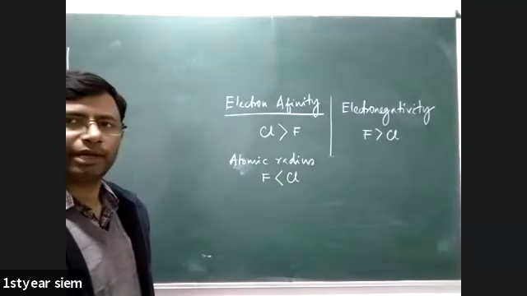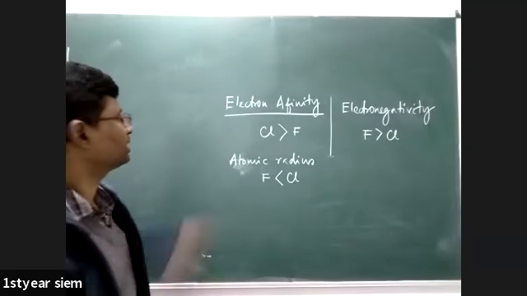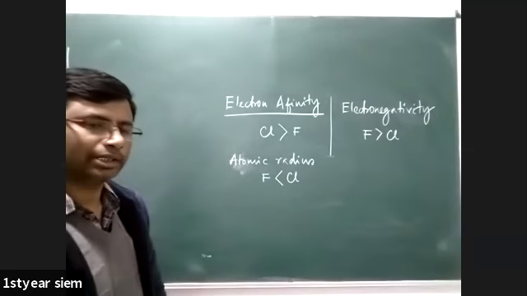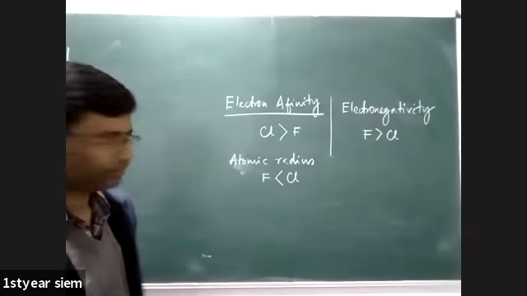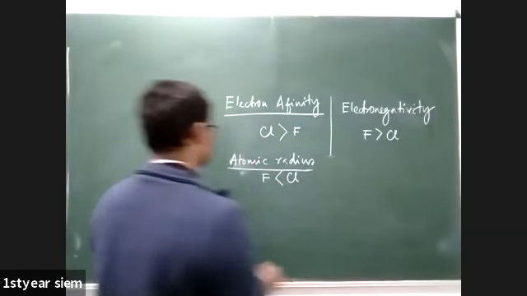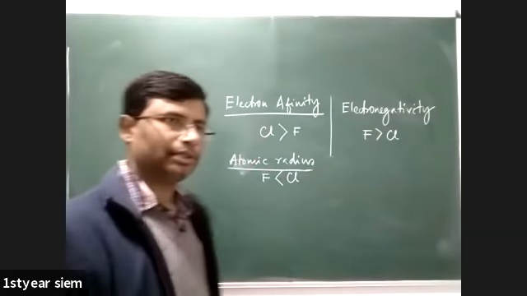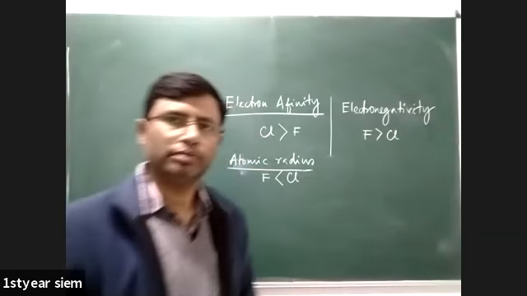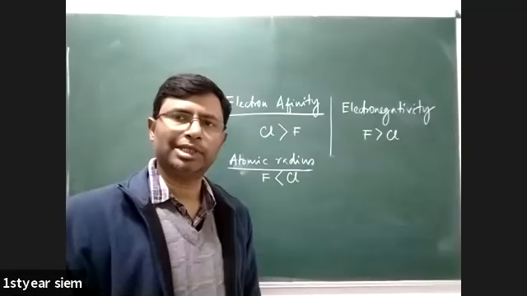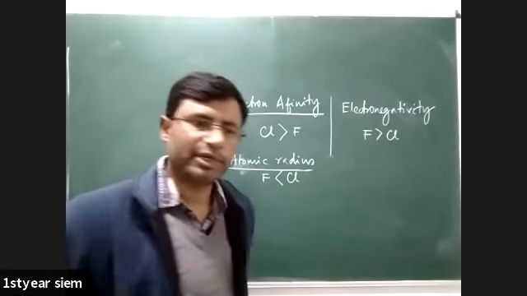So electron affinity decreases with the increase of size. If the atomic radius of an atom is low, then its electron affinity is high.